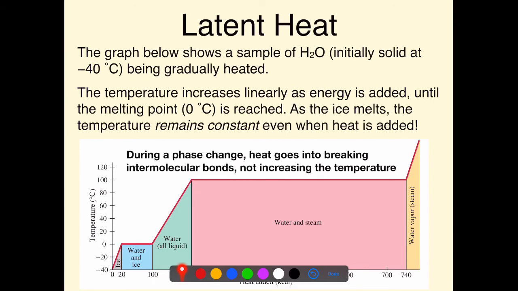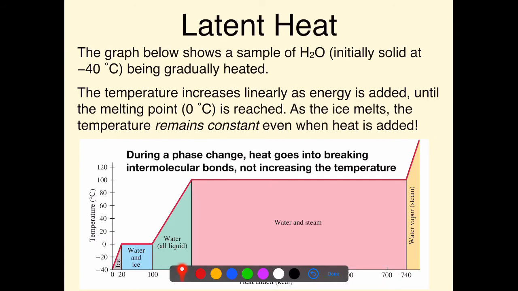And notice that the temperature over here is 100 degrees Celsius. So that, as you know, is the boiling point of water. Now as we add more heat past this point, the temperature remains constant. It remains at 100 degrees Celsius. And what's happening here is, in this region, some of the water is still in the liquid phase, but some of it has been converted to steam.